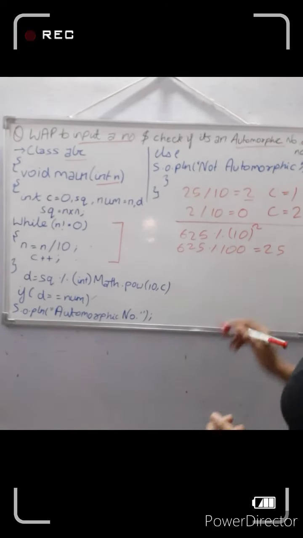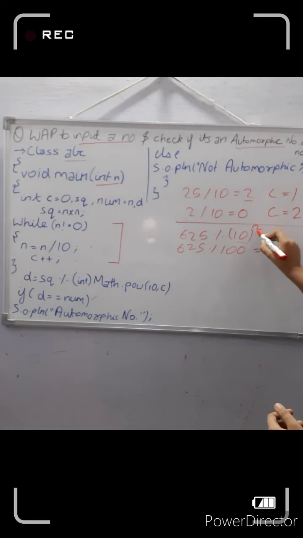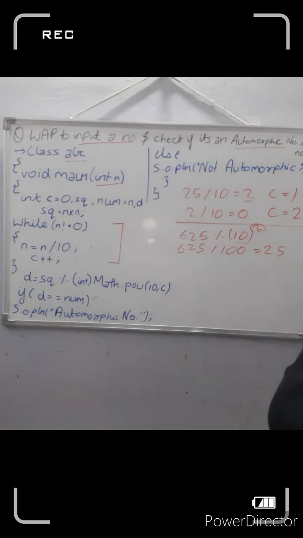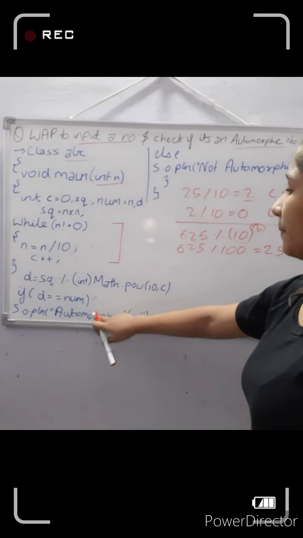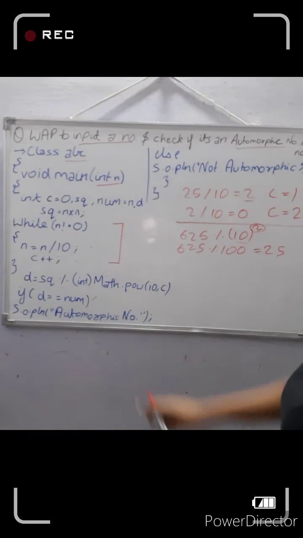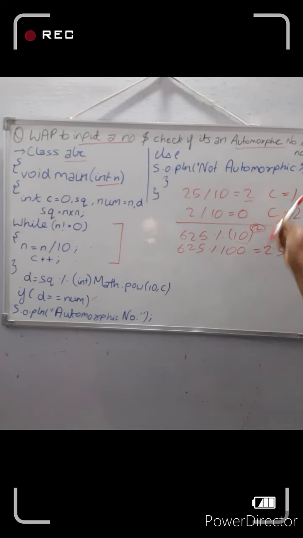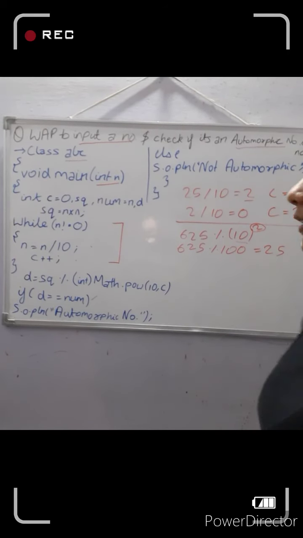So that's why we have extracted the last number of digits, which were the number of digits entered. Okay, so if d is equal to the number, we can say that the number entered is an automorphic number. Otherwise, the number entered is not an automorphic number.